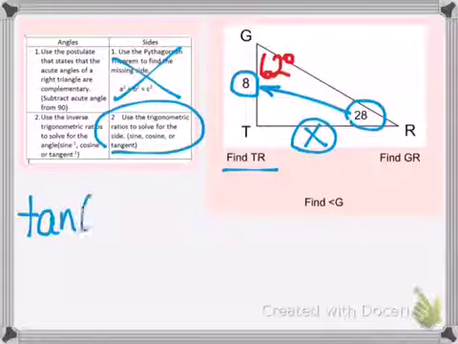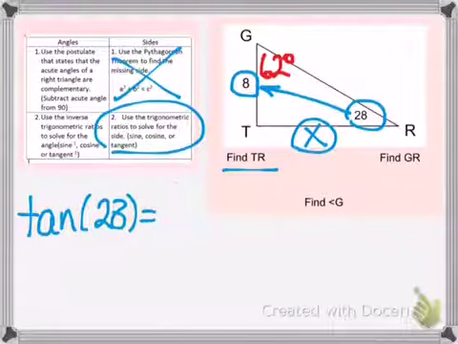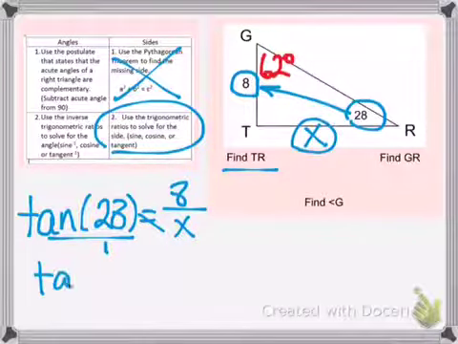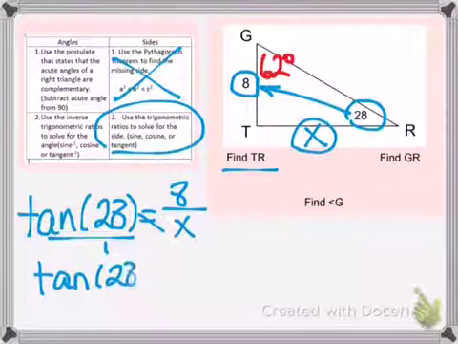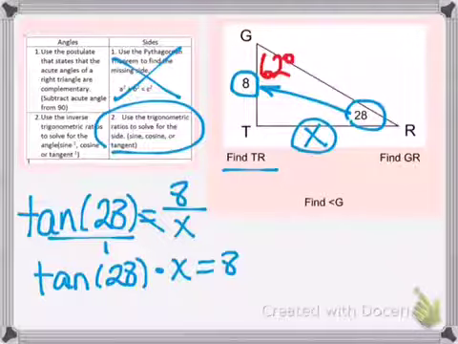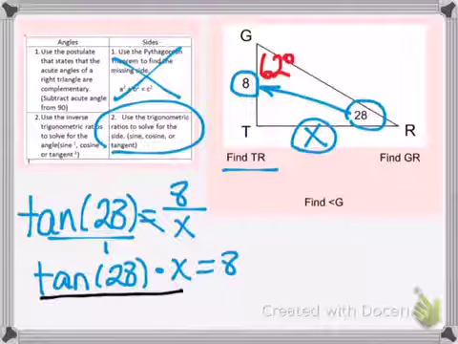So I would say tangent, let's let theta be 28, equals 8 over x. To solve for this, I need to cross multiply. So that's going to give me tangent of 28 times x equals 8. I can't put tangent 28 times x in the calculator, so I need to divide both sides by tangent 28 to eliminate it on the left side.